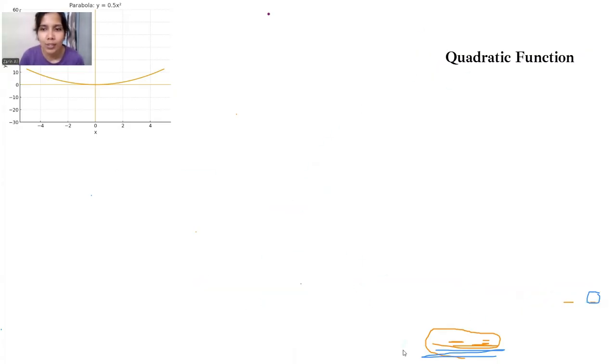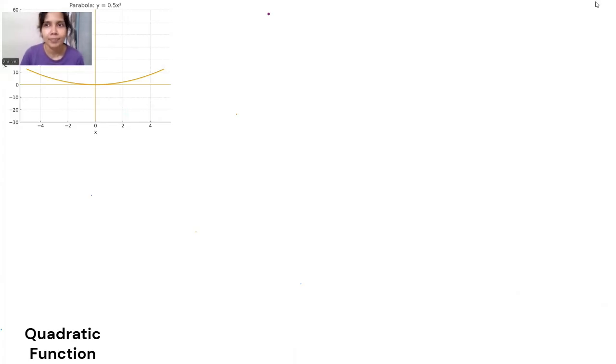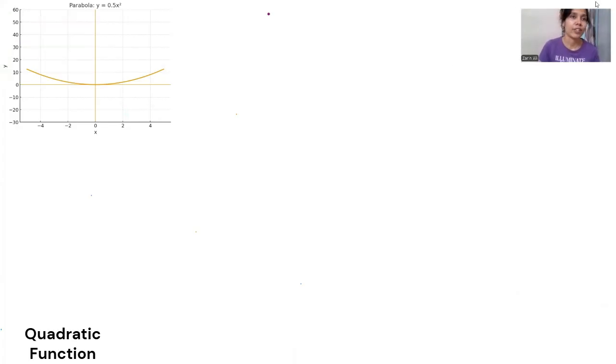Here we are getting this particular thing. This is a plot that I generated using my programming scripts. What is important for you to understand here is, let us say we have an equation that is a parabola, say y equals 0.5x square.